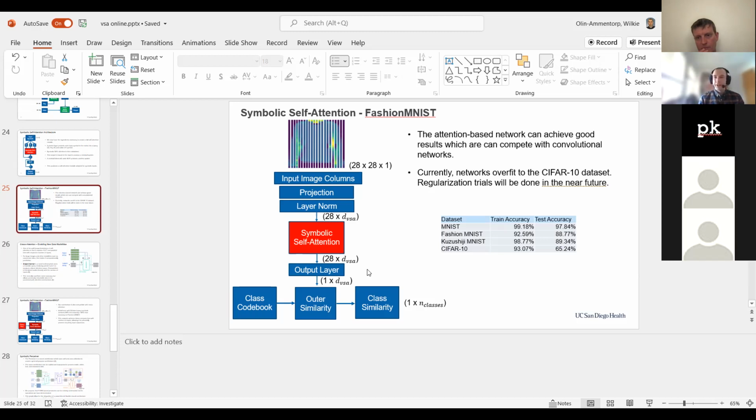I mean, for the images of the same type, say t-shirt or shirt with long sleeves, is it consistently mapped to the same vector from the codebook?